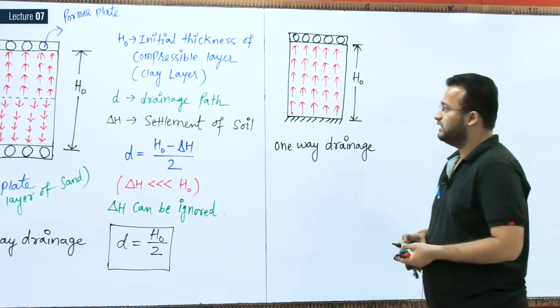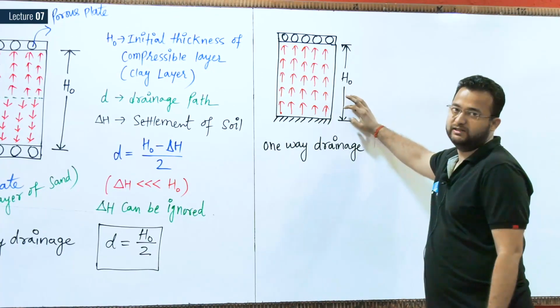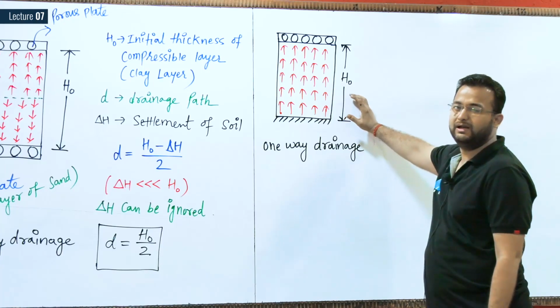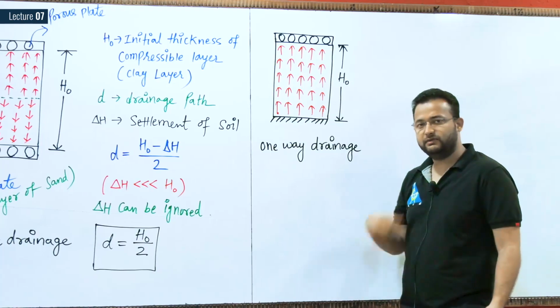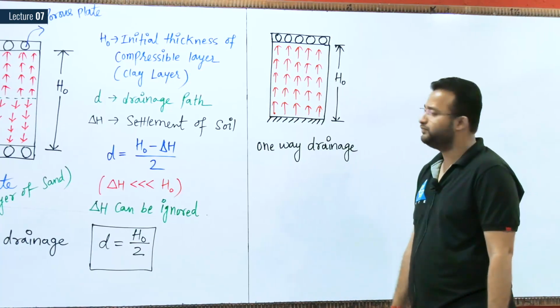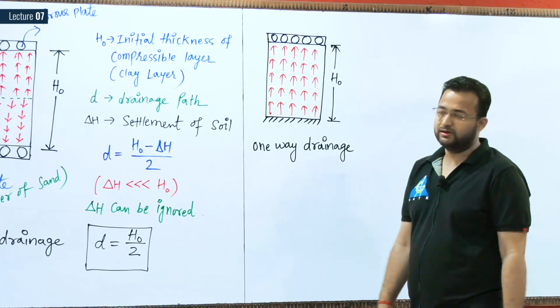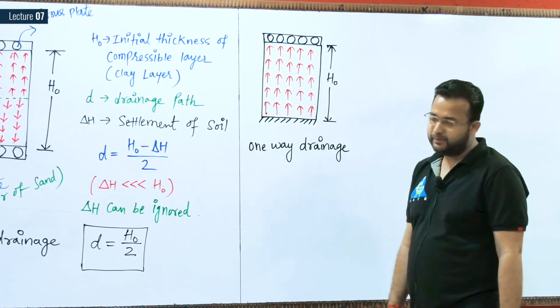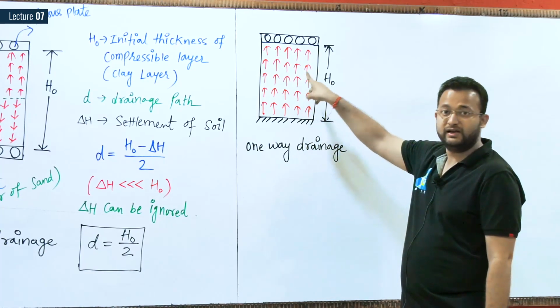In the case of one-way drainage, we have a sand layer, then the compressible layer, that is the clay layer. Compressible layer means the soil in which we are going to study the consolidation. It has high compressibility because it shows large settlement and takes a lot of time to complete the primary consolidation. That's why sand shall not be called the compressible layer, clay should be.